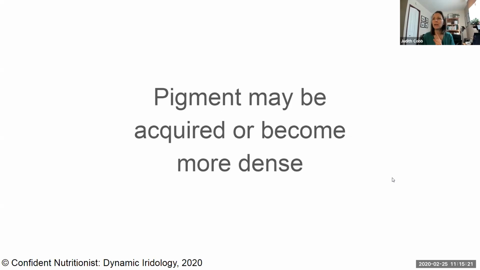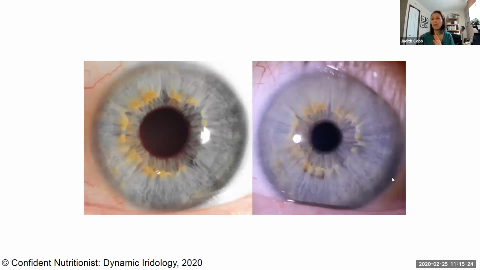So let's look at another set of eyeballs, okay? That work for you? Here is an eye of a gentleman who was in his mid-40s when we took this photo. And as you look at it, again, these are different cameras, so we already have explained why we've got the difference in the iris color, why we've got the difference in the skin tone, and why we've got the difference in the sclera color.